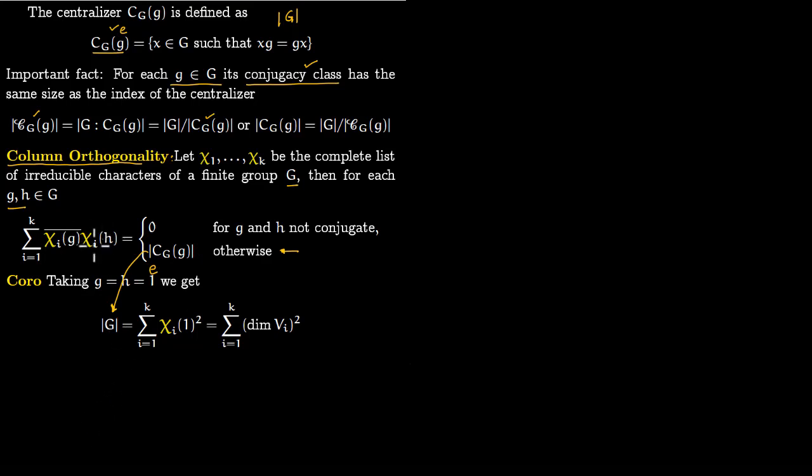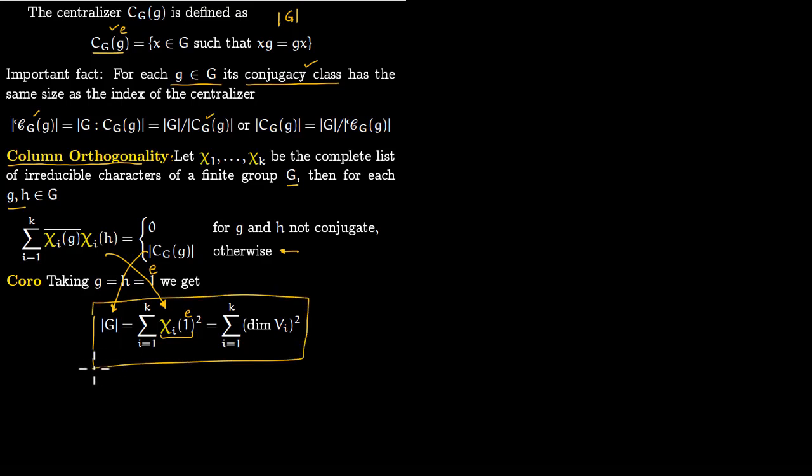And here you're putting in the identity E, so chi of E is just the dimension, the dimension of Vi, squared. So we get this relationship: the order of G is the sum of the squares of the dimensions of the Vi. And we have seen this before.